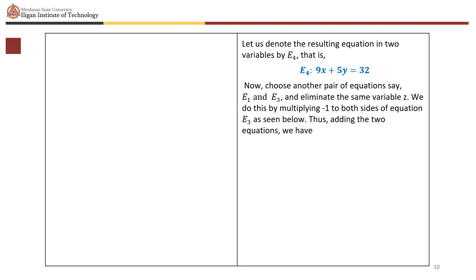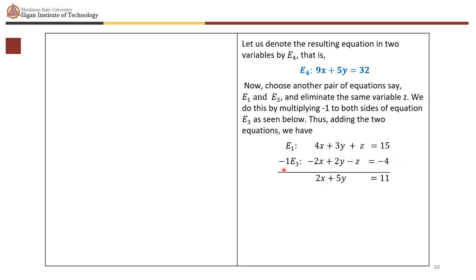And then we choose another pair of equations, say e sub 1 and e sub 3, and eliminate the same variable z. We do this by multiplying -1 to both sides of equation e sub 3 as seen below. Thus, adding the two equations, we now have the following. So we have e sub 1 is 4x plus 3y plus z is equal to 15.